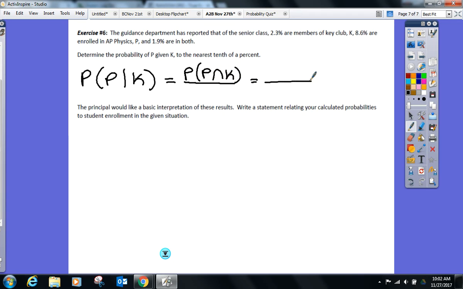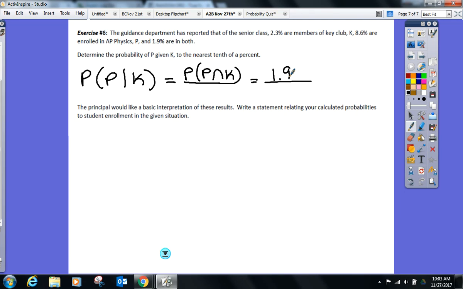They take both. 1.9. What do you want to do with that 1.9? Anybody want to change it to a decimal? You don't have to, by the way. You can keep it 1.9 as long as it's percent over percent.